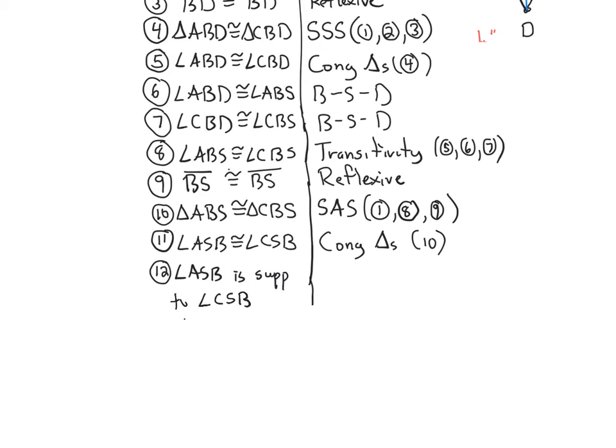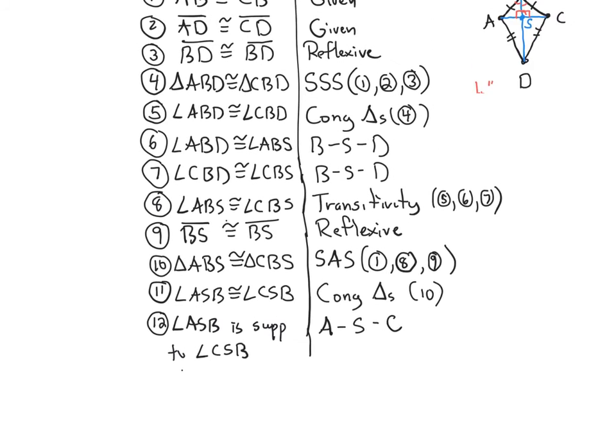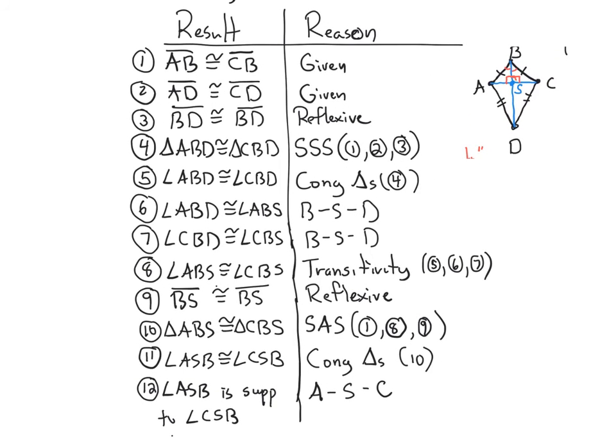We know that because S is between A and C on the same line. Again, let's go up to our diagram and we can see that. Here's ASB, here's CSB, our angles here. A, S, and C all lie on the same line. So the angles with vertices S have to be supplementary.